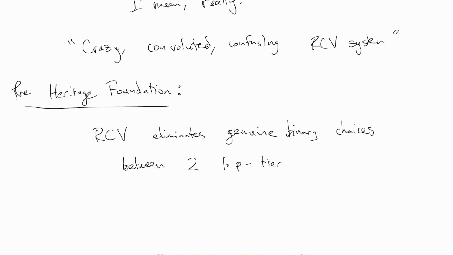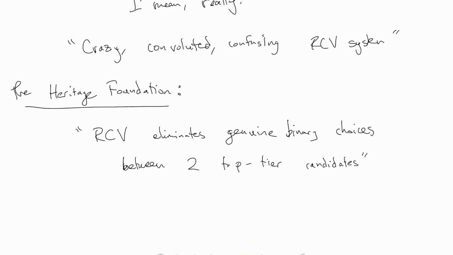Ranked choice voting eliminates genuine binary choices between two top-tier candidates. And this, I completely agree with them about this. It is true, when you are voting in a ranked choice, you are not just deciding between two top-tier candidates.